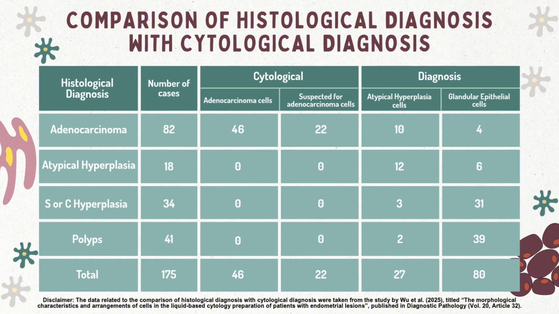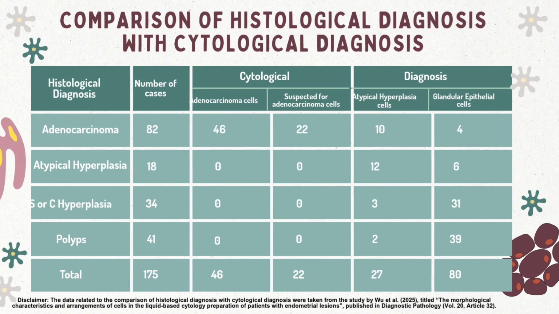For the 34 hyperplasia cases, 31 cases were correctly classified as benign, and 3 cases were overdiagnosed as atypical hyperplasia. And the last one is endometrial polyps, 41 cases. Among the 41 polyp cases, 39 cases were correctly diagnosed as benign glandular cells. Only 2 cases were misclassified as atypical hyperplasia.